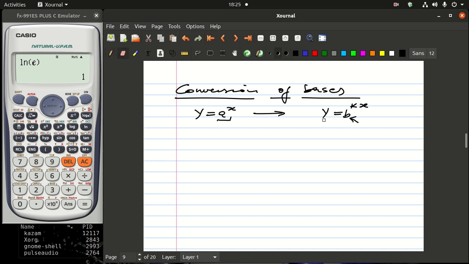So how do we end up converting one base to another? Suppose you have this function and you want a different base. If I am saying now I'm just going to place here, I wanted to rewrite this as b to the power x. If I have x and just x there, then this b will just be a.